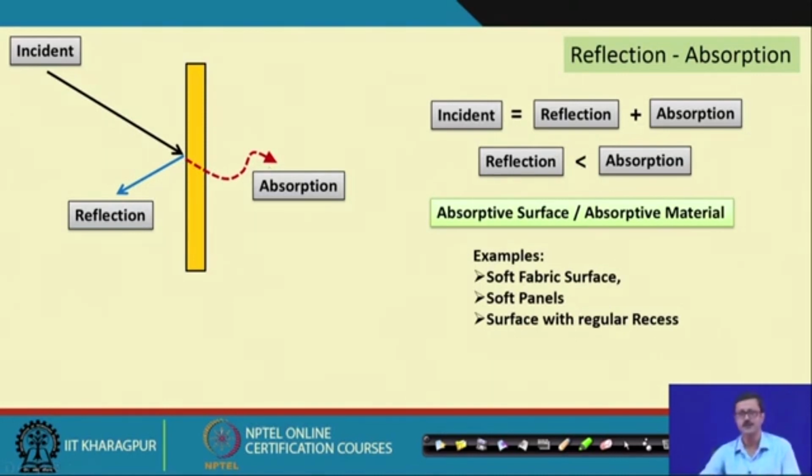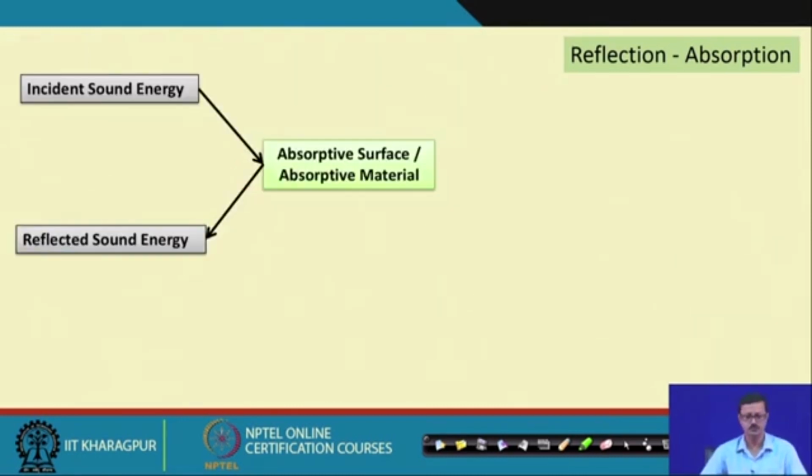Absorptive surfaces are quite soft compared to reflective ones. Soft fabric, soft panels, and surfaces with various irregular or regular recesses all act as absorptive surfaces, and they have further classifications also.